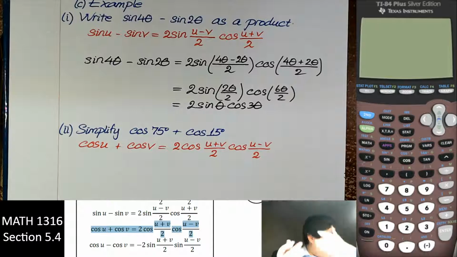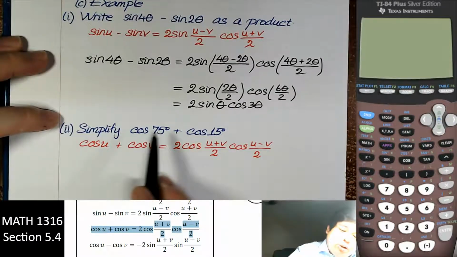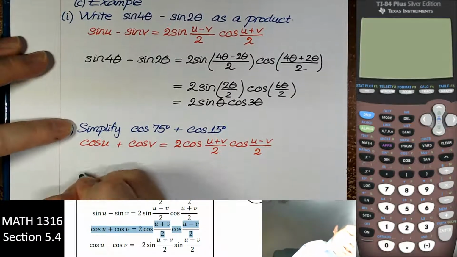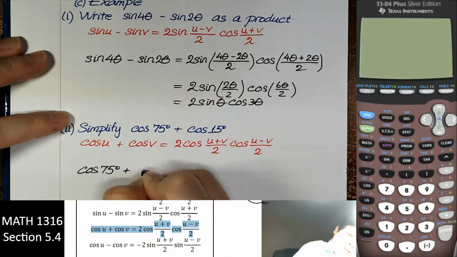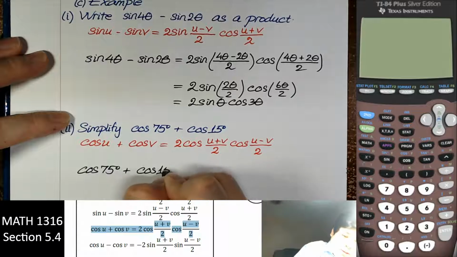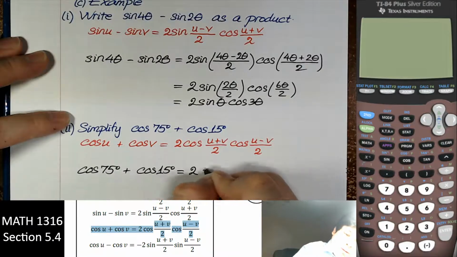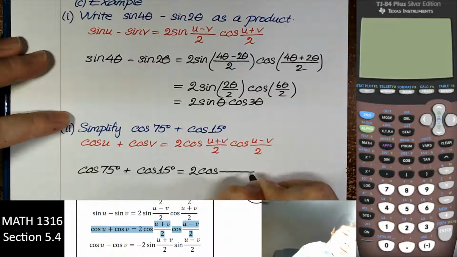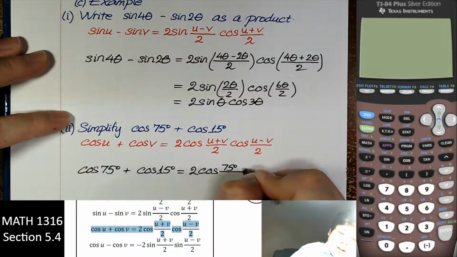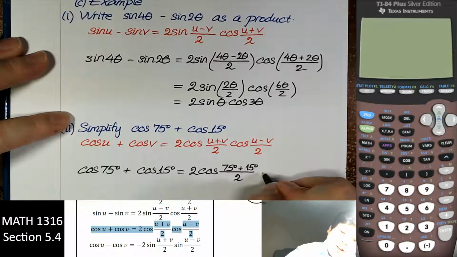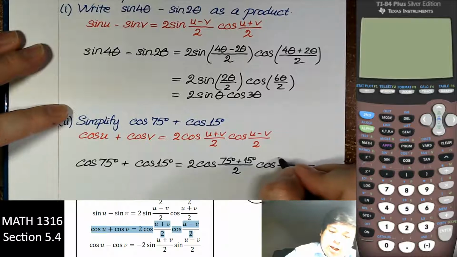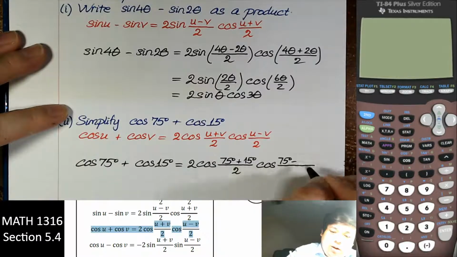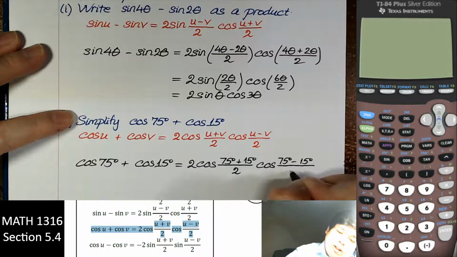So I'll look for the form and then just substitute in. U is 75 degrees, V is 15 degrees. 75 degrees plus 15 degrees divided by 2, and 75 degrees minus 15 degrees divided by 2.